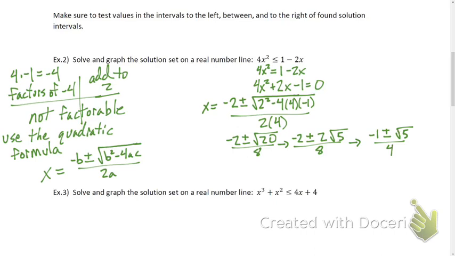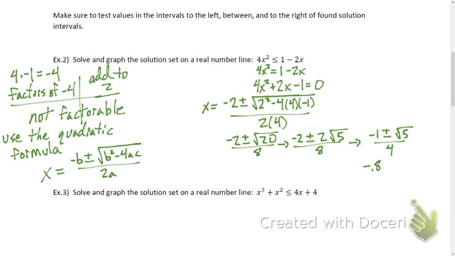But I still need a concrete number to go with. So if I type in those 2 fractions there, remember the plus minus means we have 2 fractions. So square root of 5, make it negative, subtract 1, divide by 4, I get -0.8.